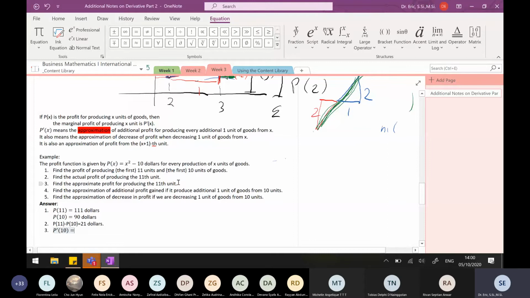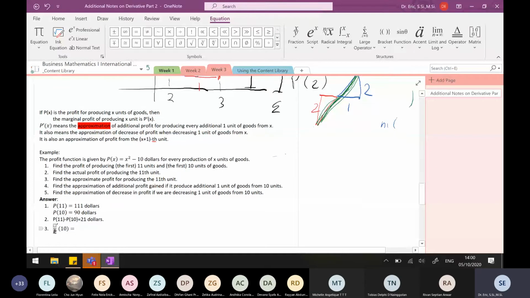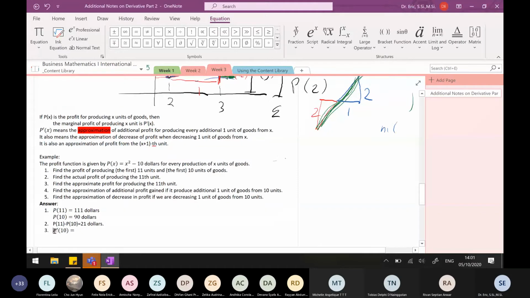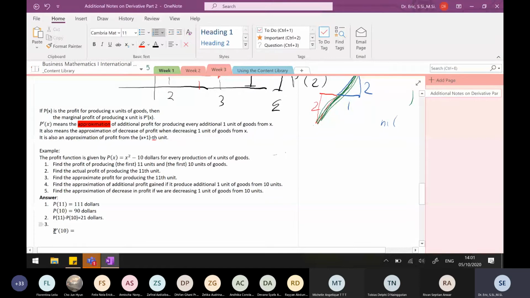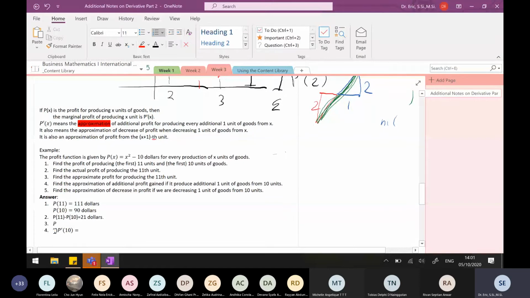So maybe you should first find what P prime is. P prime x is 2x.